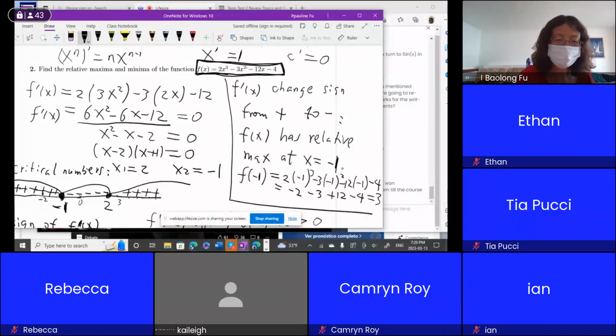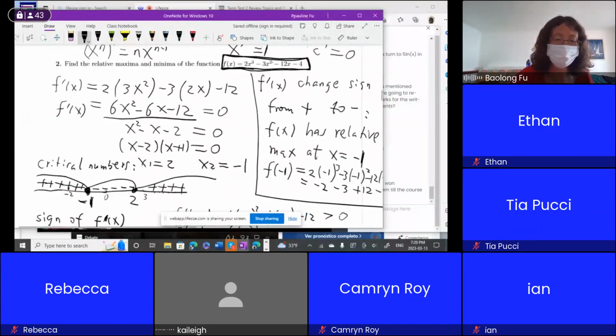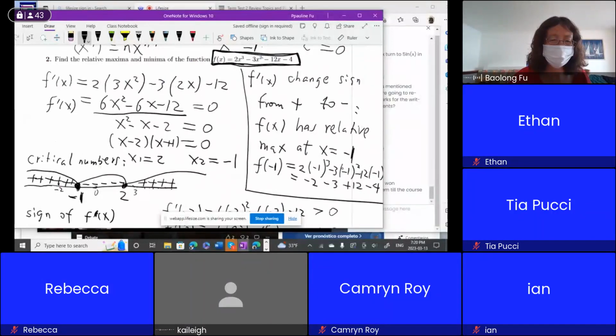The first derivative changes sign from positive to negative. Next, let's look at what happened at the point x equal to 2. At x equal to 2, the derivative changes from negative to positive. When you change from negative to positive, f(x) has a relative minimum.